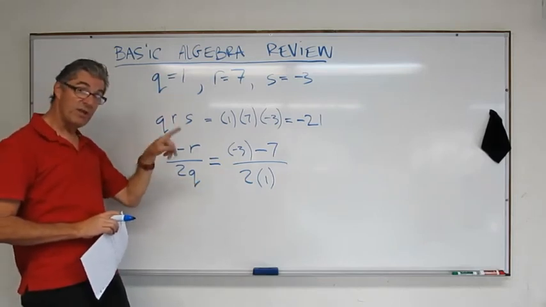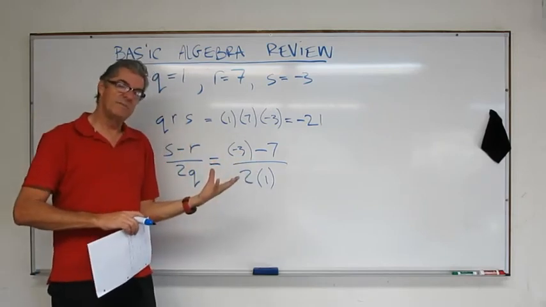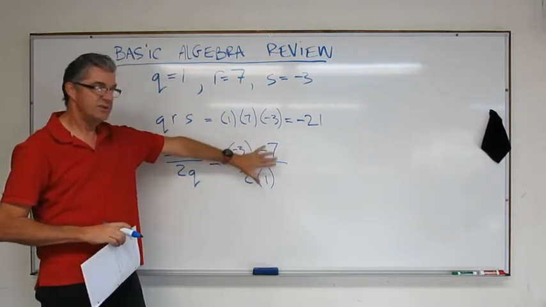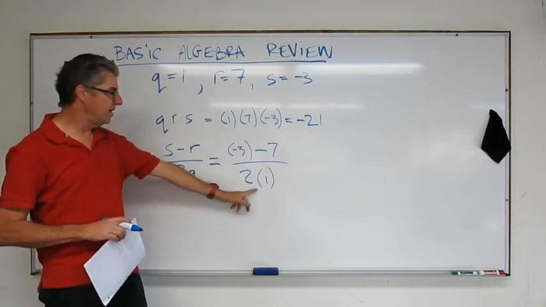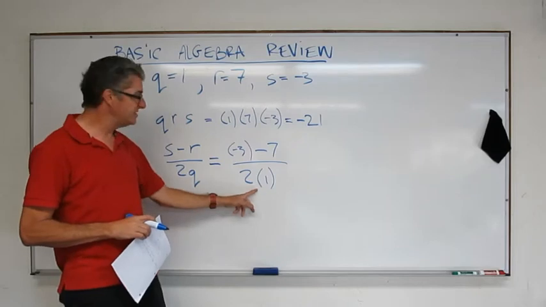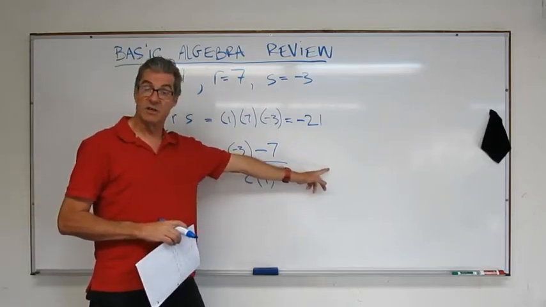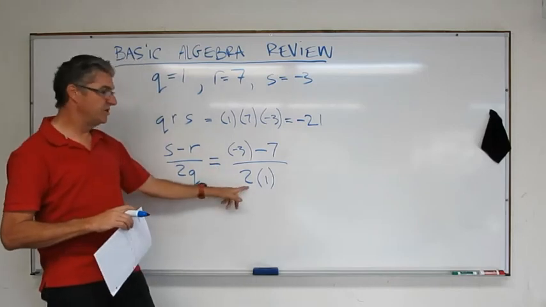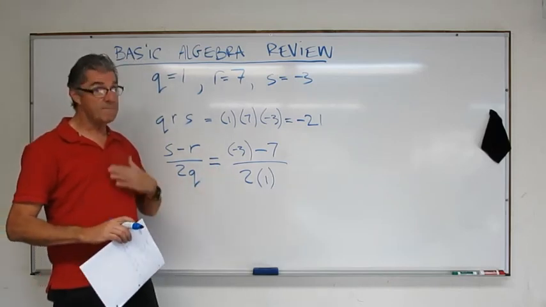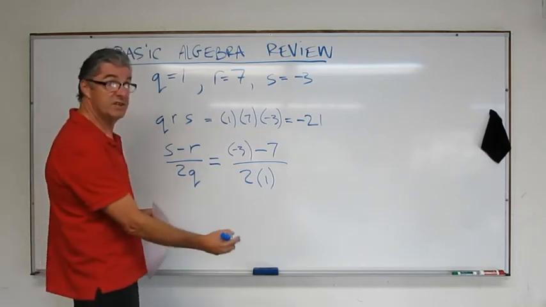Don't start multiplying these things in your head, because then it's easy to make mistakes, and then you won't know what your mistake is because your work is not showing. So this plug-in step is helpful. Also, I give partial credit on a test if you show me a correct plug-in step, but then you have a mistake in your answer. So that's another good reason to do this plug-in step separately. And we'll come back to that advice many times over the course of our class. So let's do the math.